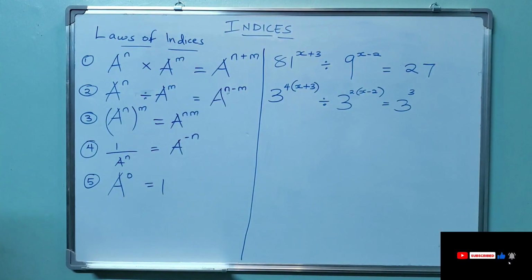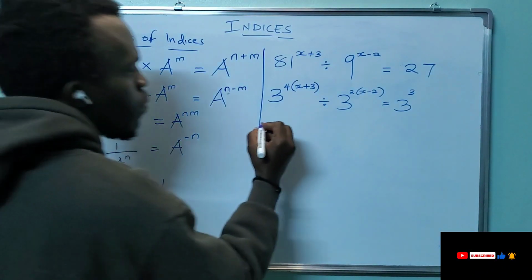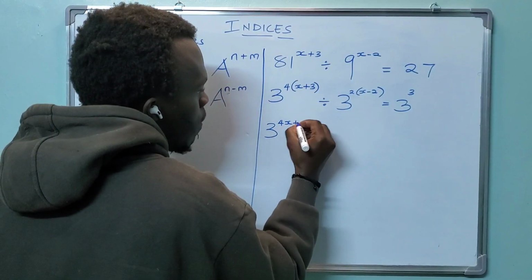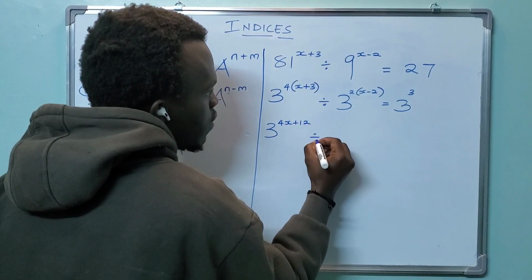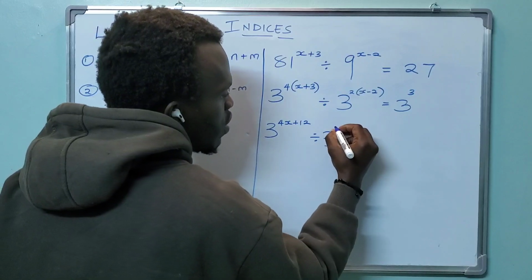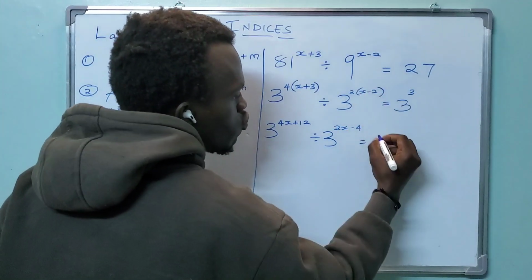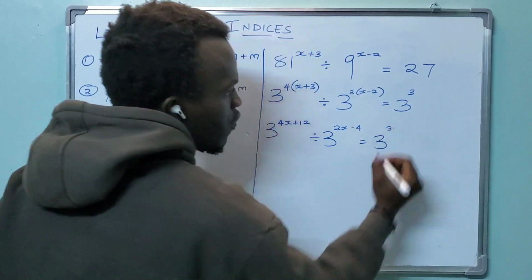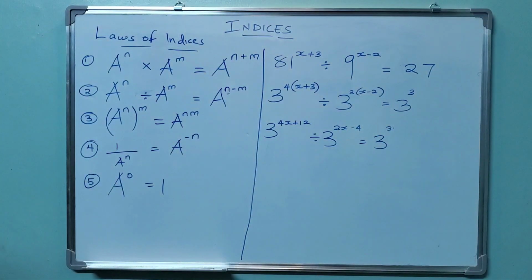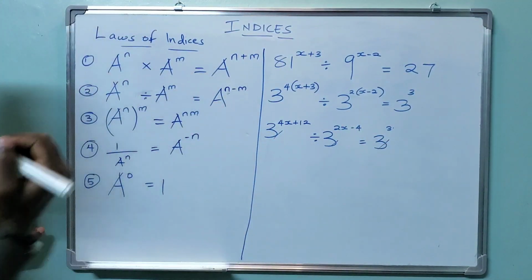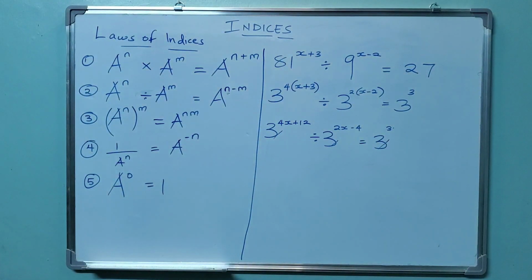Let me open up the bracket containing the unknown, which means I'm going to have here 3 raised to power 4x plus 12, divided by 3 raised to power 2x minus 4, being equal to 3 raised to power 3. Because we've already made them the same base, the bases are not that important at that specific point.